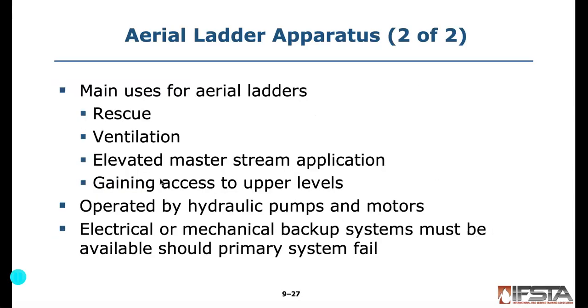The main use: rescue, ventilation, elevated master stream, and then gaining access. These have a hydraulic pump and motor, and that is going to lift, maneuver, and extend the ladder to the desired location. Electric or mechanical backup systems must be available if the primary system fails. All right.